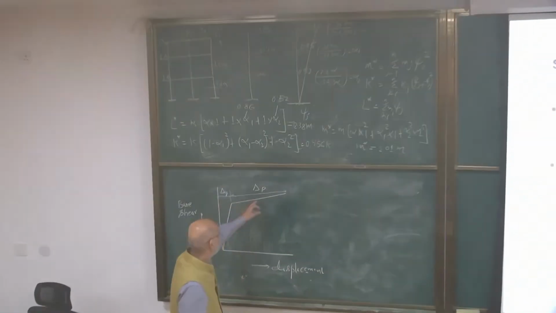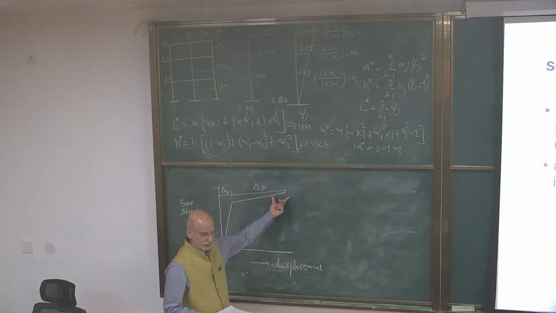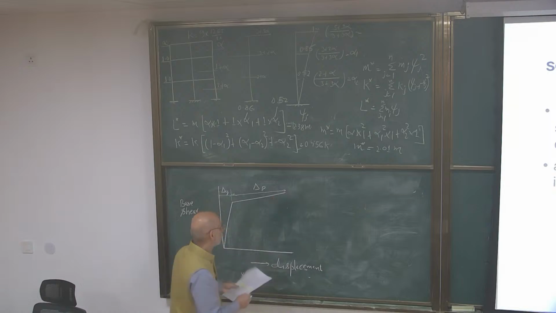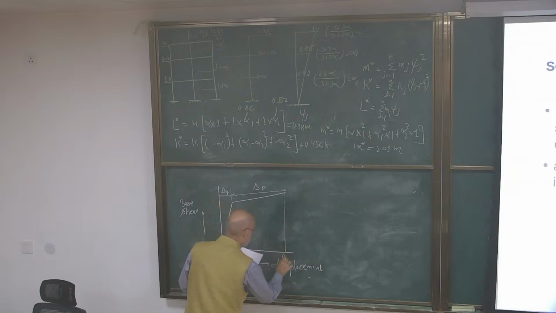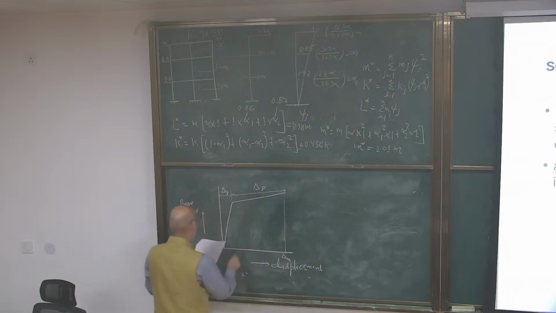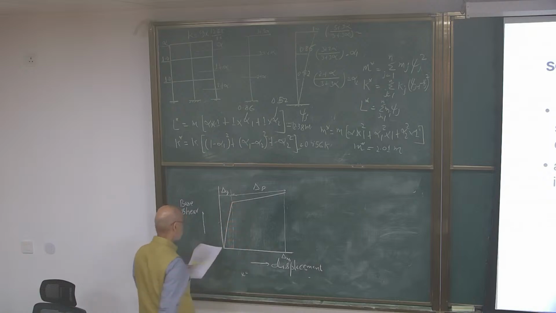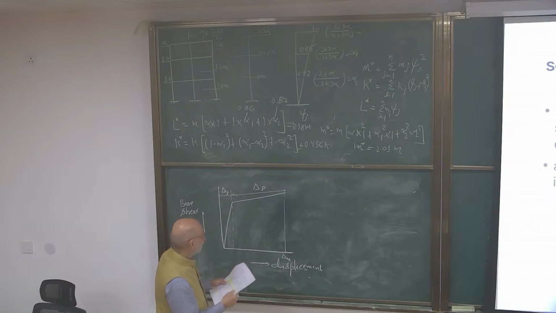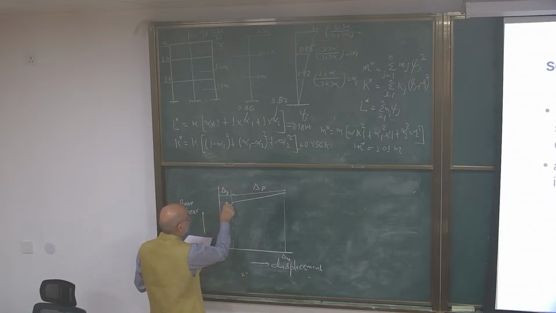So if the foundation is rigid, this is how, when we go to the maximum level, this is the corresponding displacement. So you get the maximum displacement here, and this is the yield displacement. Now this is valid when your foundation is rigid.